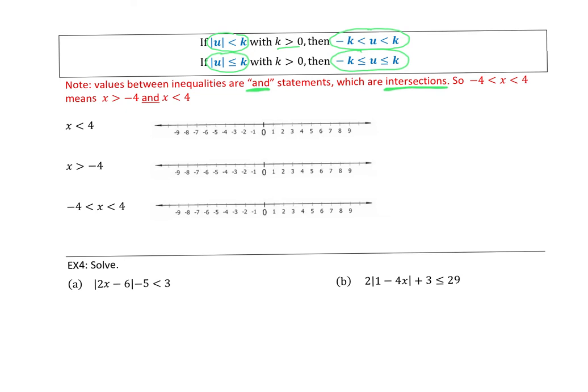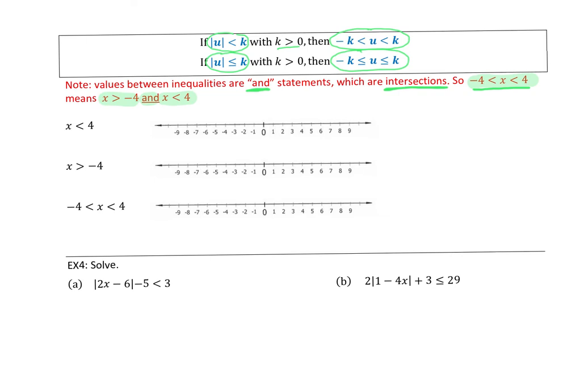So when we say -4 is less than x, which is less than 4, that actually means, if I was to take this into pieces, x is greater than -4 and x is less than 4. So the key is that that is an and, it's an intersection.